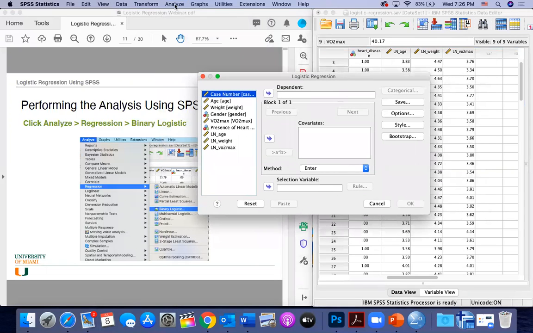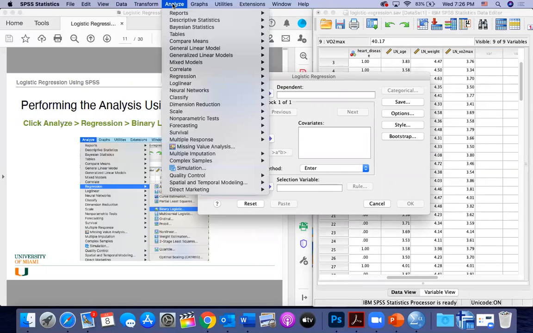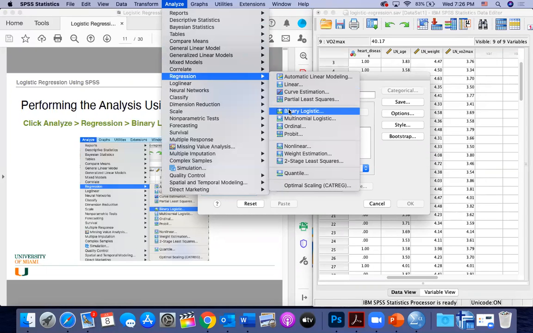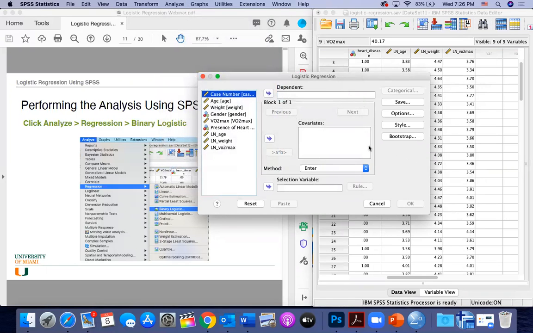So again, you have to go and click on Analyze, then Regression, then Binary Logistic, and this logistic regression window will pop up.